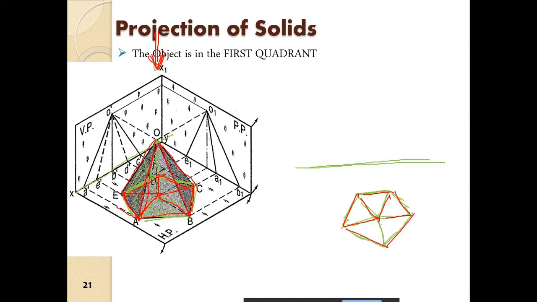Then from there on, we will project the points. So the height of the pyramid will be given, and whatever height is given, we will first draw the point O. Then we will project the points.